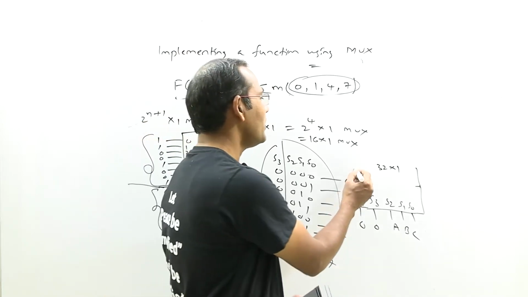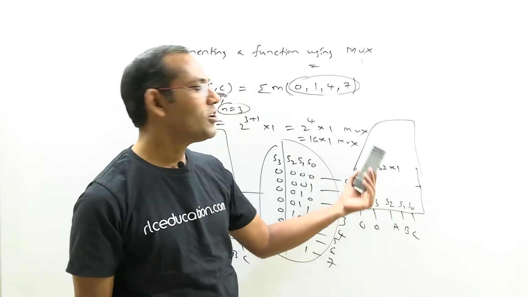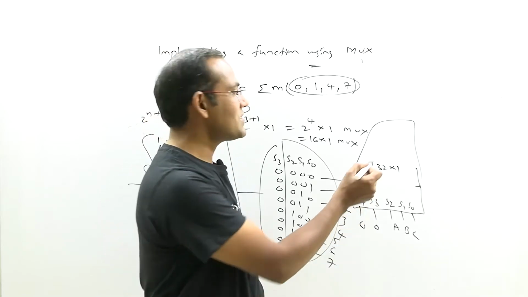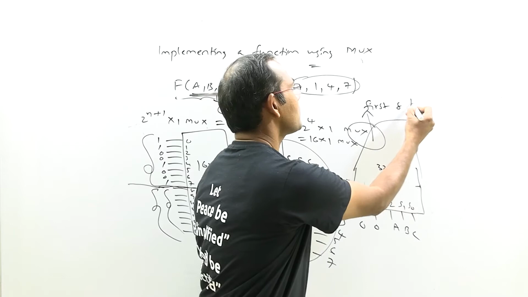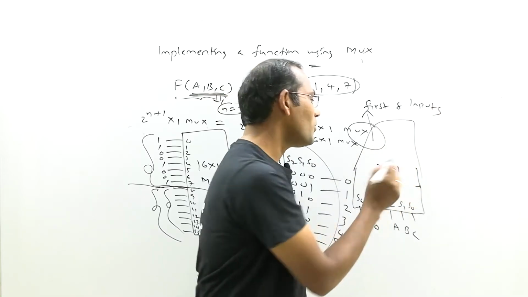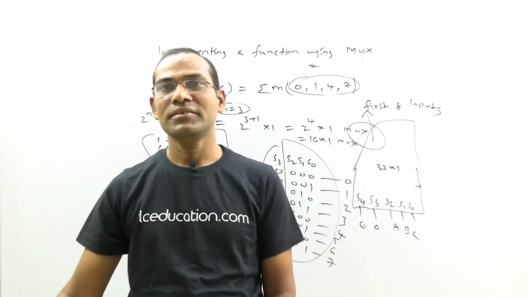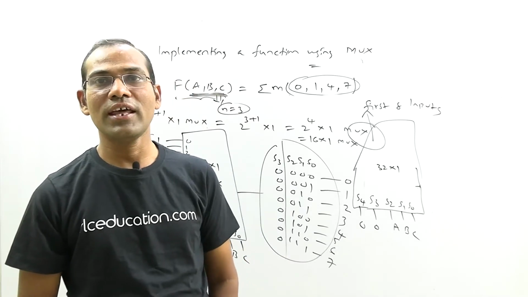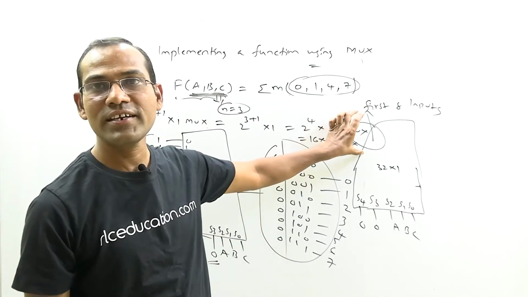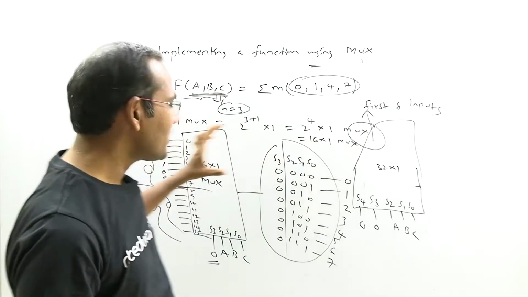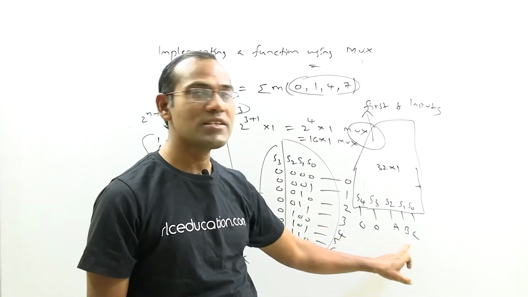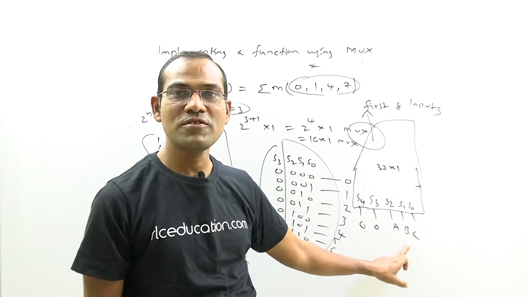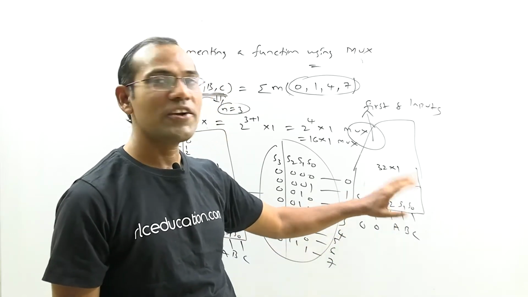And here 32 inputs are there. Only use the first 8 inputs. Don't bother about the remaining input terminals. The first 8 connections must be like this, and the selection must be like this. That's the procedure if you go for a 32 by 1 mux.